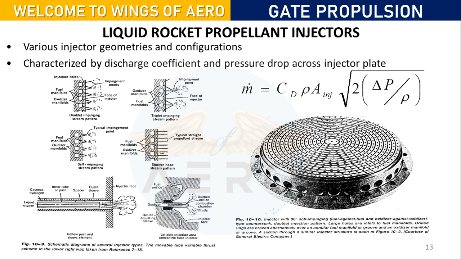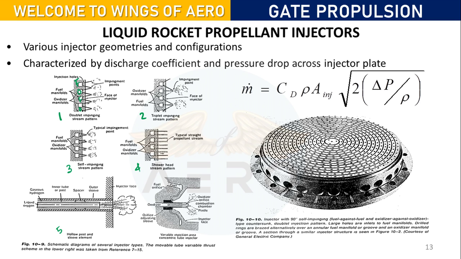Okay, so there are a lot of different types. Basically it consists of 5 types: 1, 2, 3, 4 and 5. The first is the double impinging stream pattern, from which you can understand very clearly. We will be having a fuel manifold and an oxidizer manifold, and each manifold will be having jets.